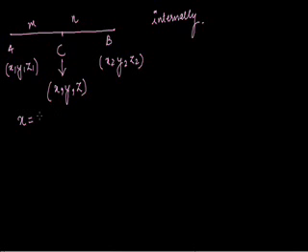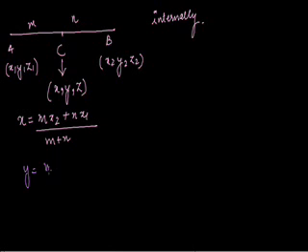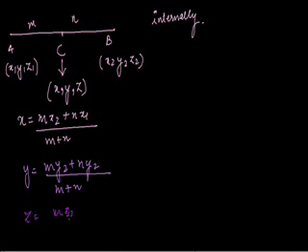So x will be equal to m into x2 plus n into x1 upon m plus n. Y will be equal to m into y2 plus n into y1 upon m plus n, and then z will be equal to m into z2 plus n into z1 upon m plus n.